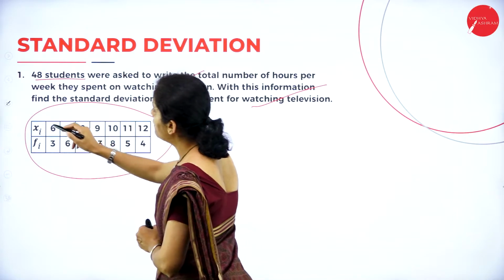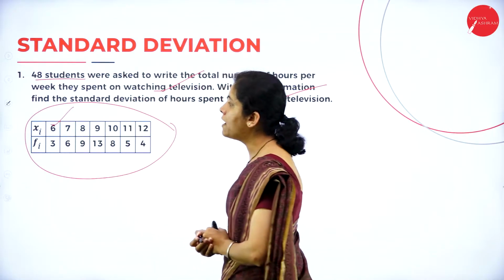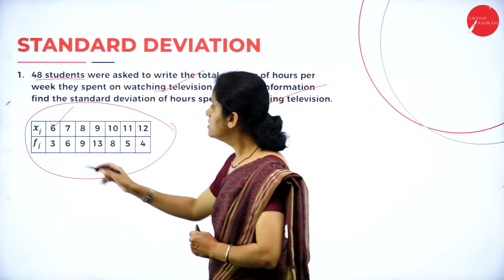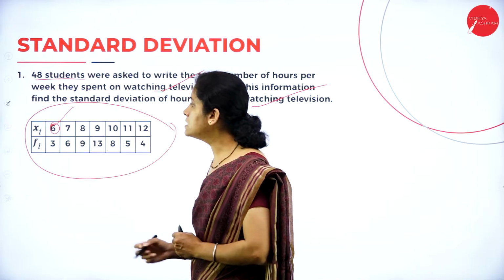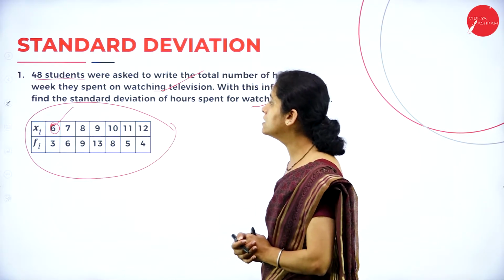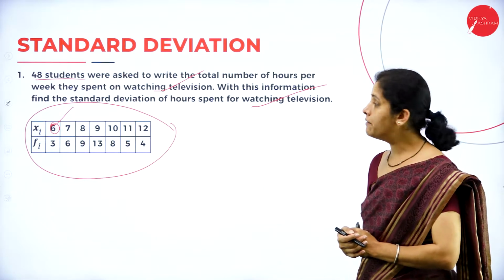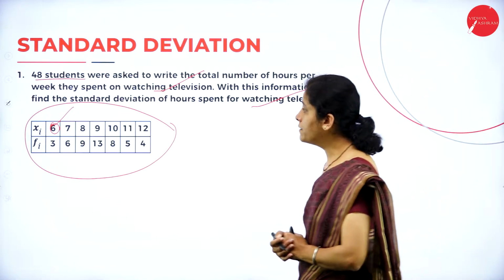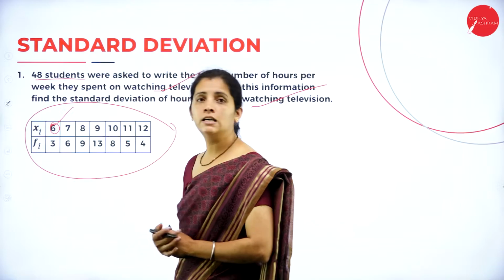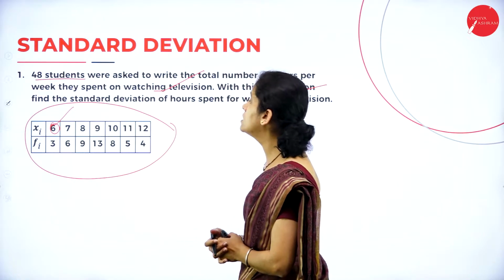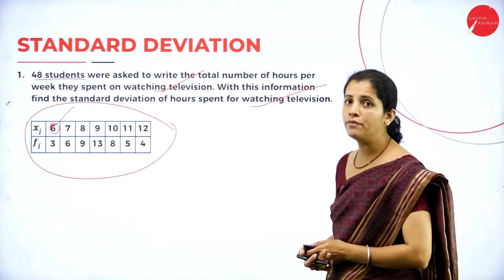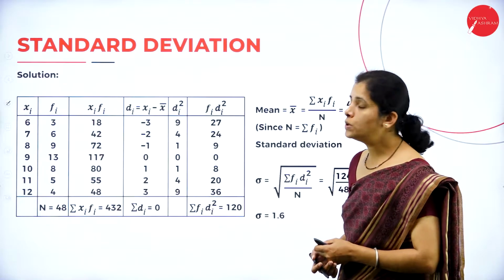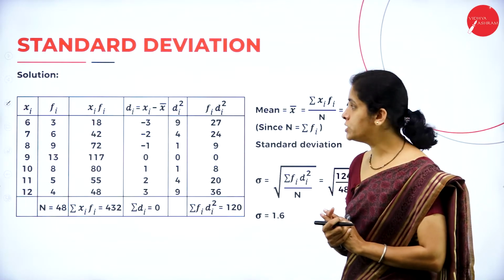See here, I have the number and I have the occurrence. x is 6, 7, 8, 9, 10, 11 and 12. And if I consider fi, it is 3, 6, 9, 13, 8, 5 and 4. Now, dear student, let me find the solution here.